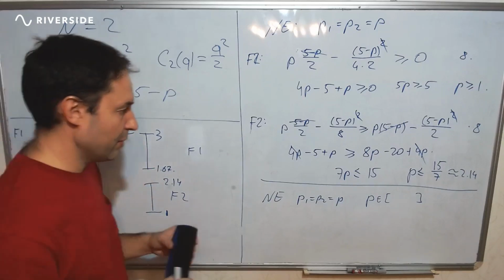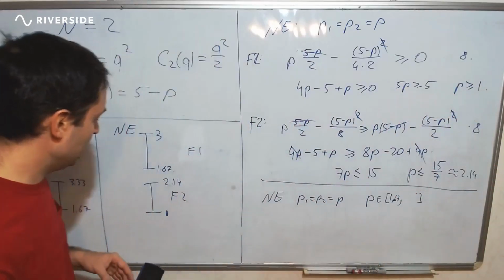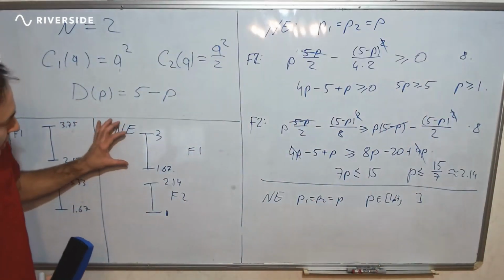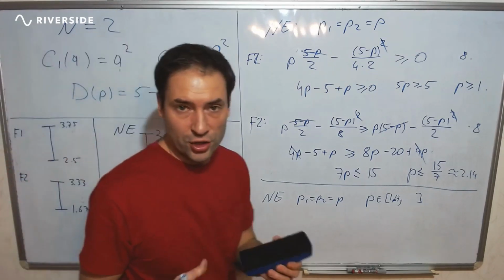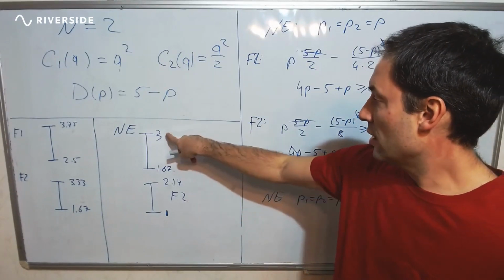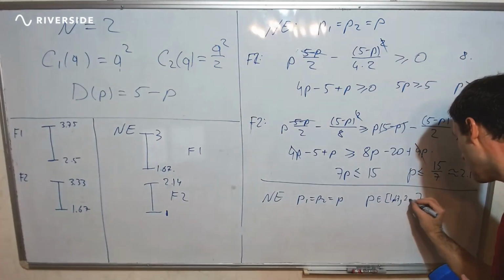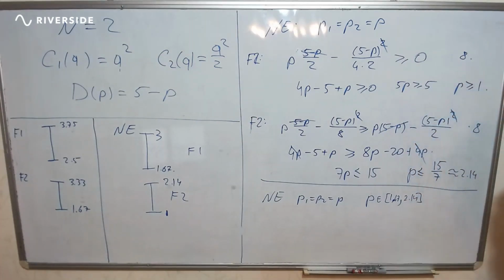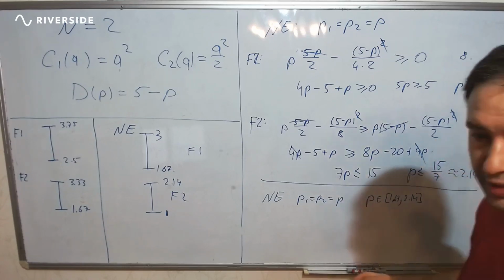So we take the highest one because it has to be sustainable for both firms at the same time. So on this end is 1.67. And both firms should not have incentive to engage in undercutting. So this firm doesn't undercut below 2.14. This firm doesn't undercut below 3. Therefore, we take the lowest of this, 2.14. So here's the range for which the Nash equilibrium exists.